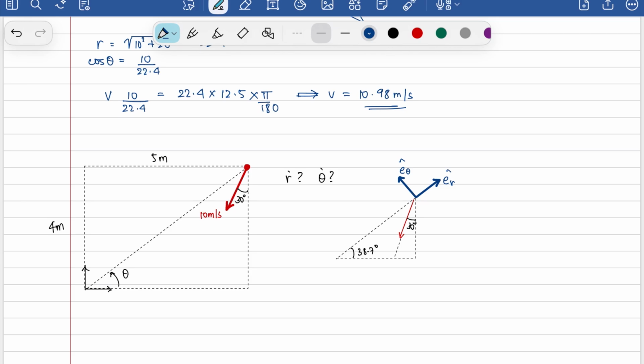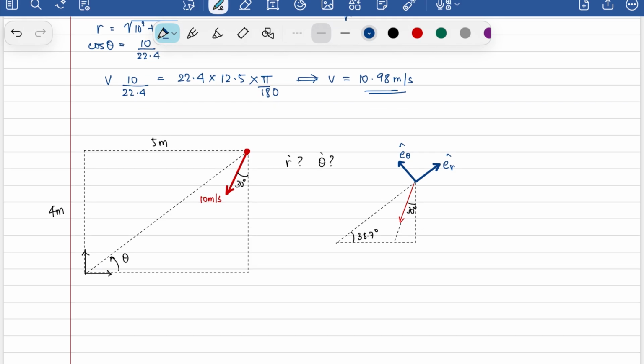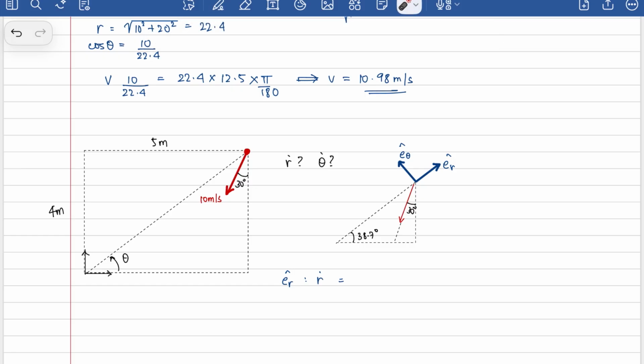Okay, so how do you solve this? You have the velocity component along the ER hat direction is going to be equal to R dot. This component is going to have a negative value. You need to find what is this here, right?